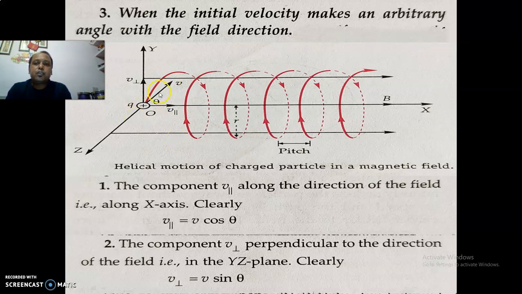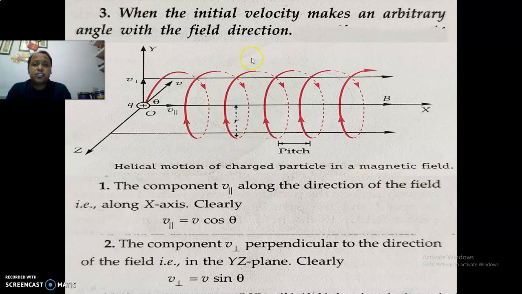So the parallel component of the velocity will make it move in a straight line in the forward direction, whereas the perpendicular component makes it move in a circular path. Now, as you can see here, the pitch is the horizontal, or linear, distance moved by the charged particle in one complete rotation.